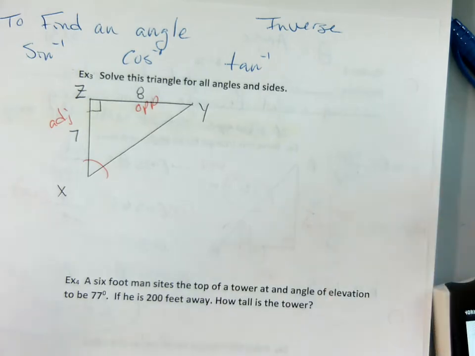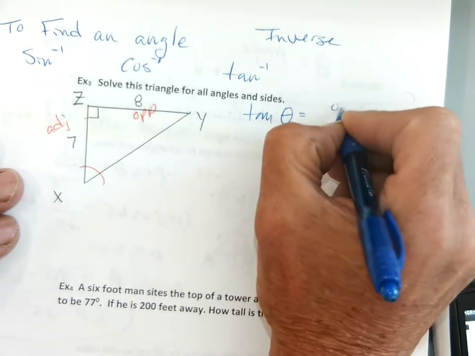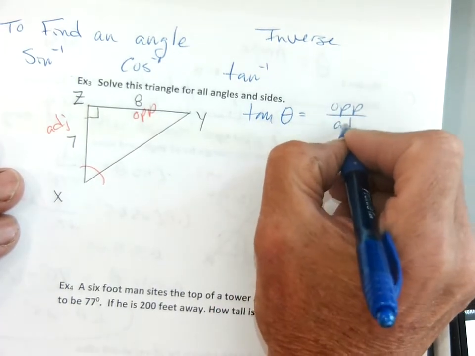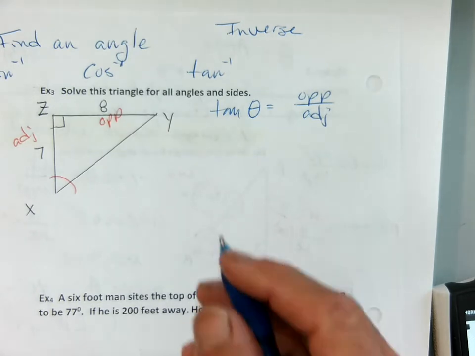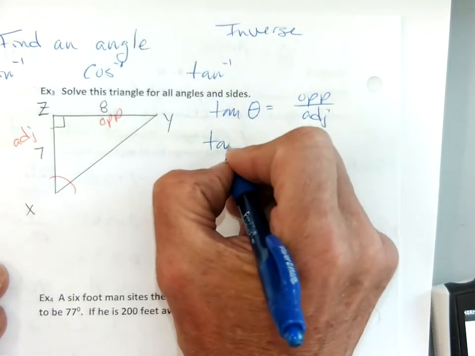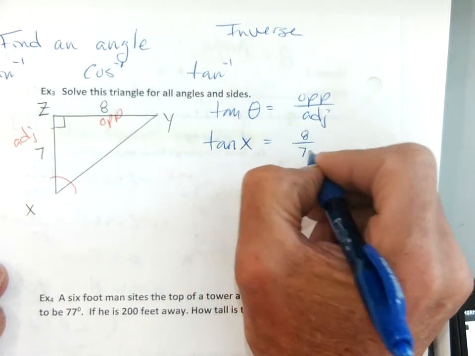Tangent. So we got tangent of theta equals opposite over adjacent. That's what it says on the board. Theta in this case is x. So we got tangent of angle x is equal to 8 over 7, okay?